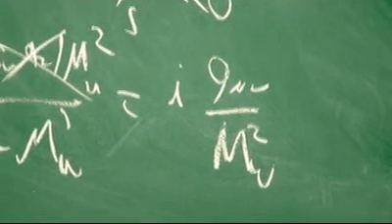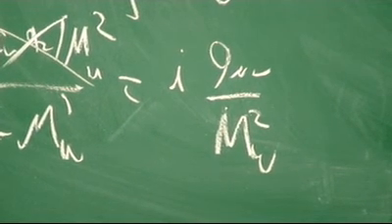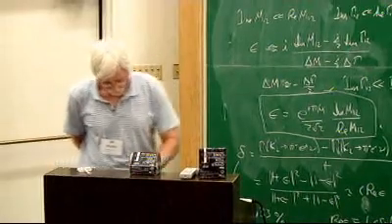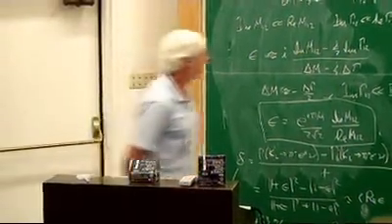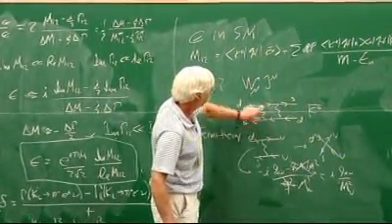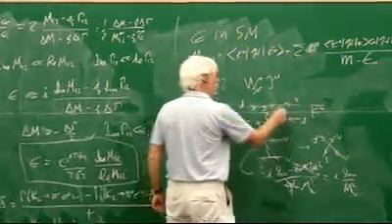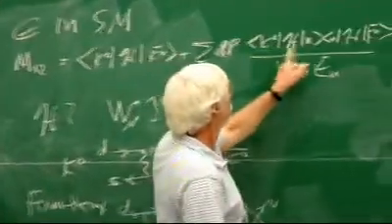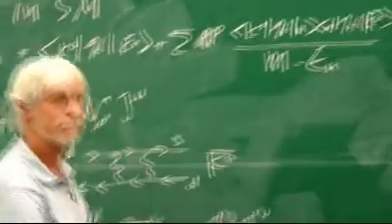And if you connect the 2 currents with that, you get a contact interaction with coefficient 1 over M squared. So I'm going to imagine that I'm doing that, and then the Hamiltonian appears for this transition once, twice. So I can actually use this formula to compute with 2 insertions of the Hamiltonian there. Okay.